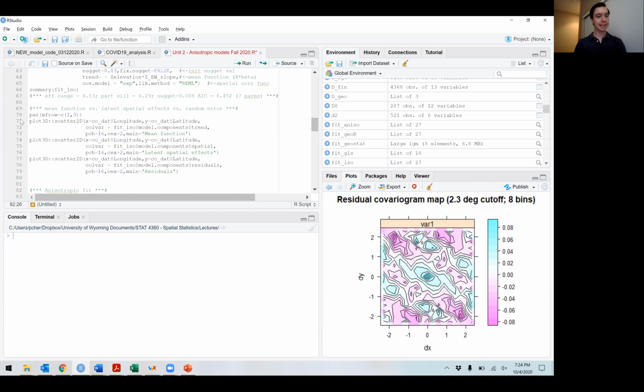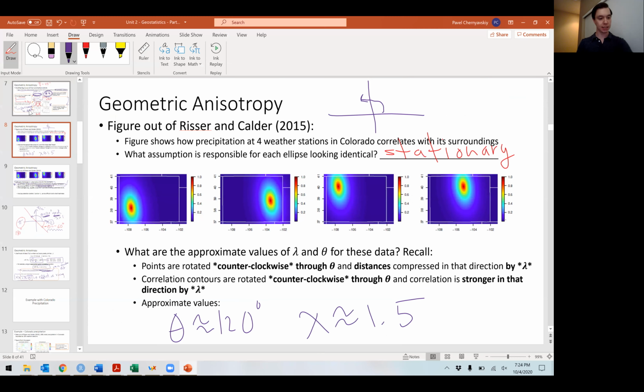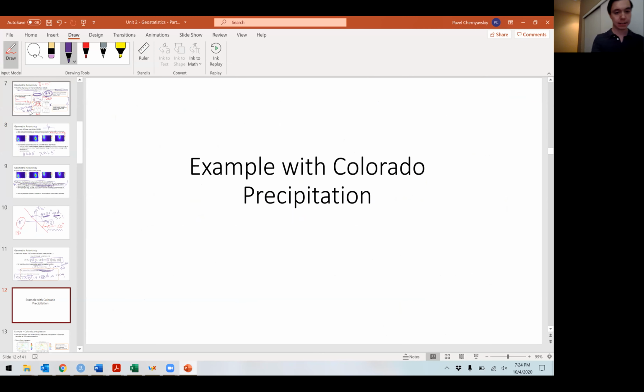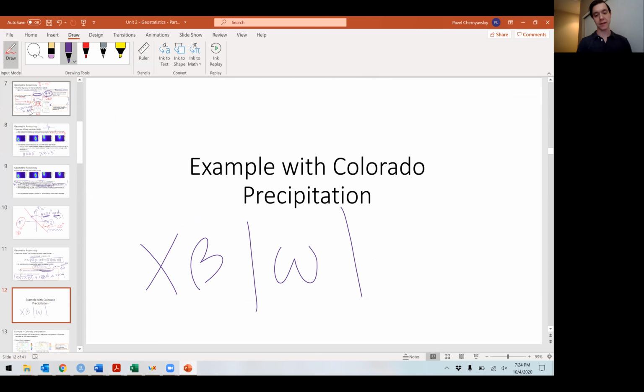We have not seen this type of output before. We can compare what the mean component looks like. The mean component is our x beta, right? Versus our latent spatial effect versus our residuals, right?